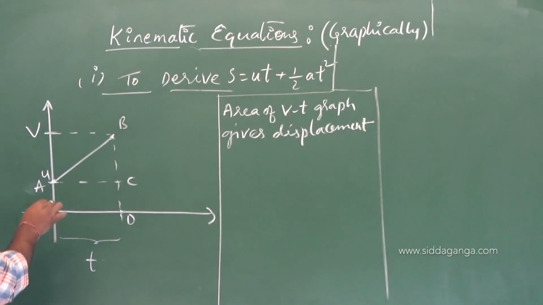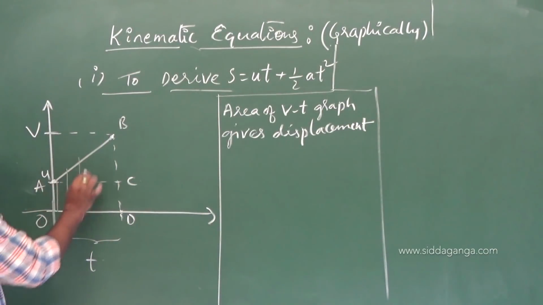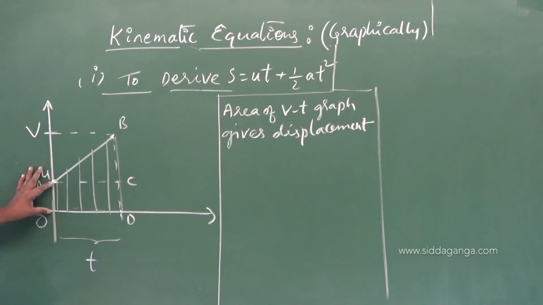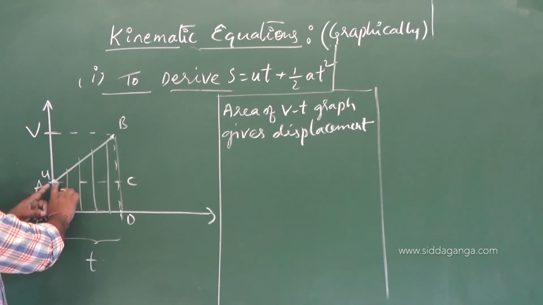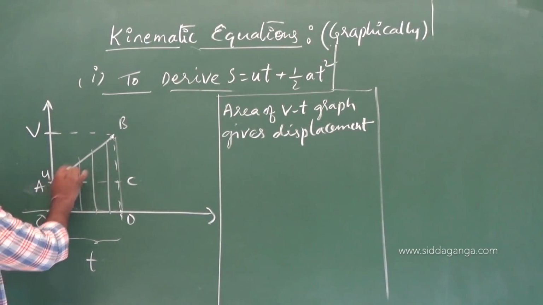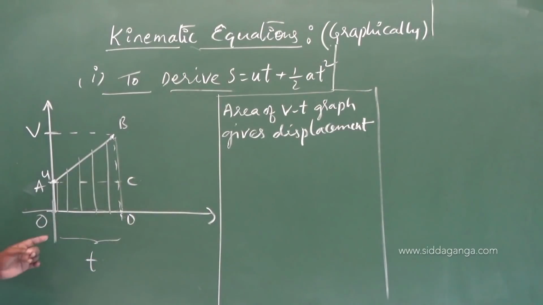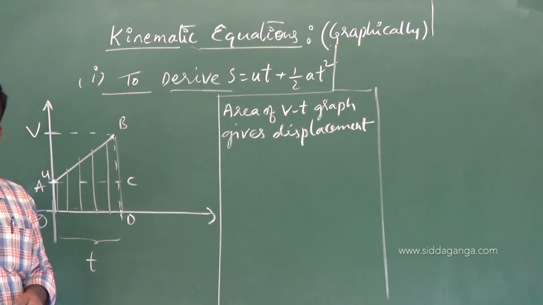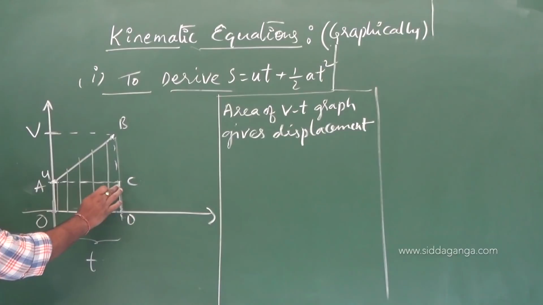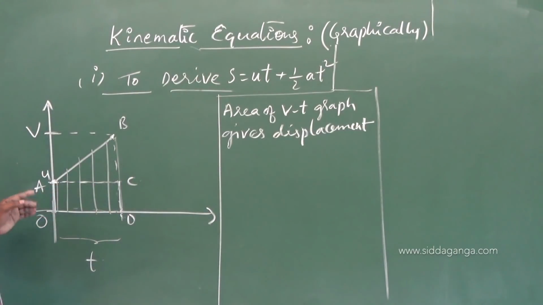So how to find the area here? This entire area under this graph. See how it is looking. You can convert this into a rectangle and a triangle, or you can consider this entire OABDO as one trapezium and write the area of trapezium. Or else, in a simple way, instead of the difficulty of writing area of trapezium, you can do one thing.